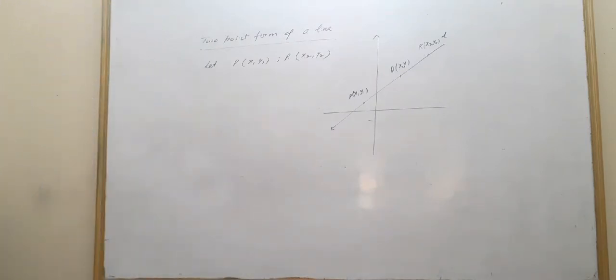Now the line is passing through the points P and R, and the problem is how to get the equation of the line. You see the points P, Q, R are now collinear.